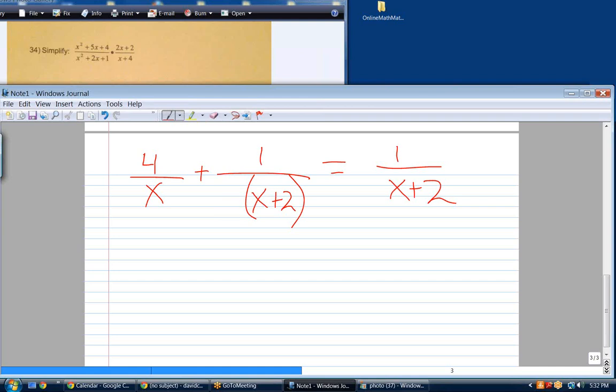Let's see. Think of it as finding a common denominator between all three denominators. What would that be? And I'm going to multiply both sides of the equation.